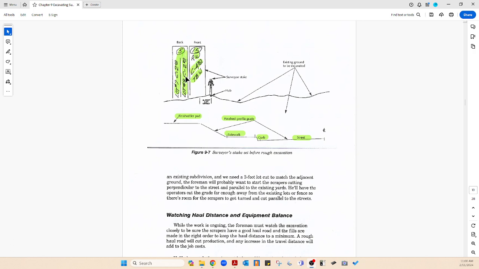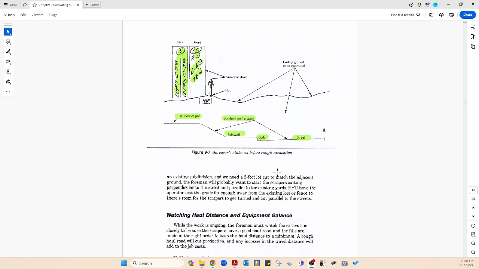Both of these are set by a surveyor. And again, the grade checker may come and set his own stake out here so he can start checking these subgrades. Now these grades are not subgrades. I think these are finished grade because it said after the sidewalk and curb had been poured and the street had been paved.